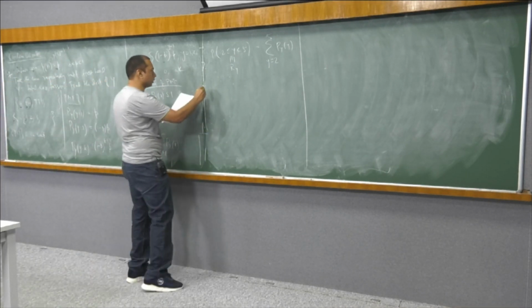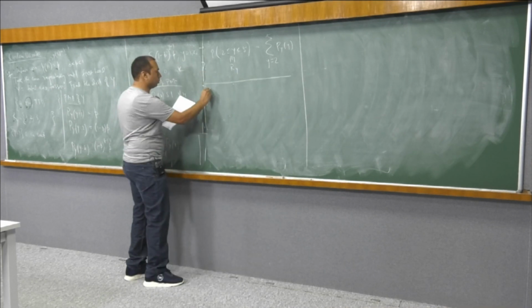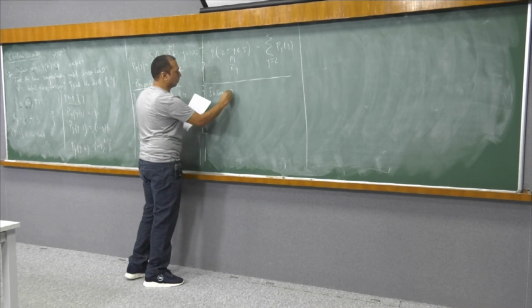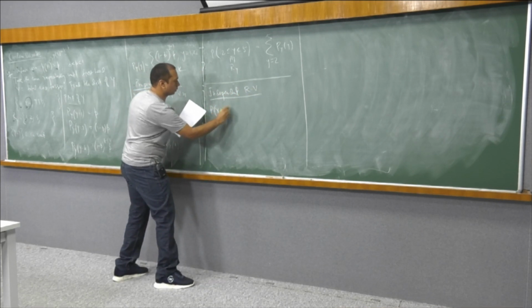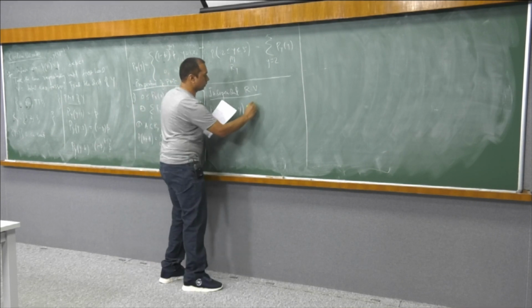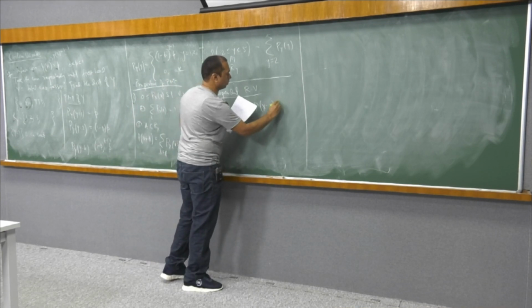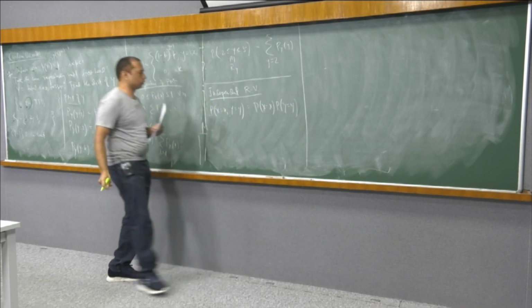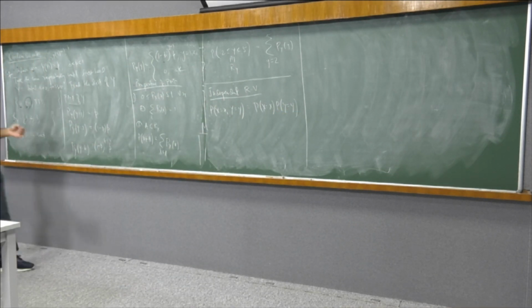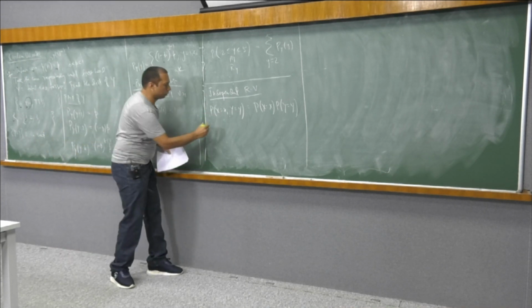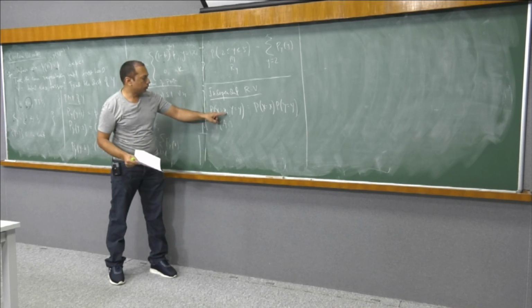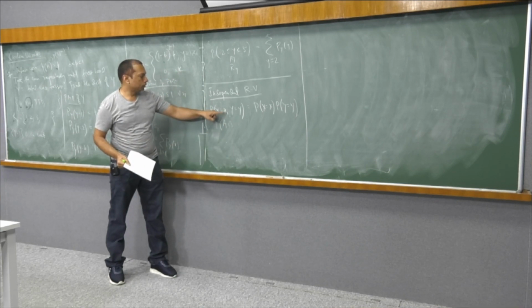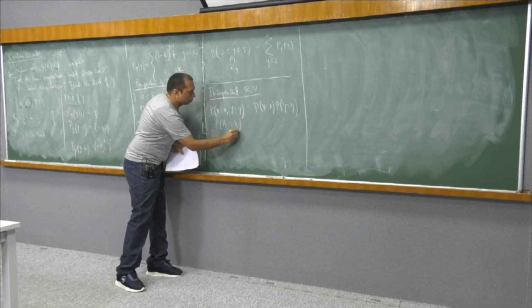In random variable notation, independent random variables means that the probability that X equals x, Y equals y is the probability that X equals x times the probability that Y equals y. That's how independence is defined. Earlier we defined it in terms of events, so intersection and comma all mean the same. This is joint, and this is also called joint, so no need to get confused by the notation.